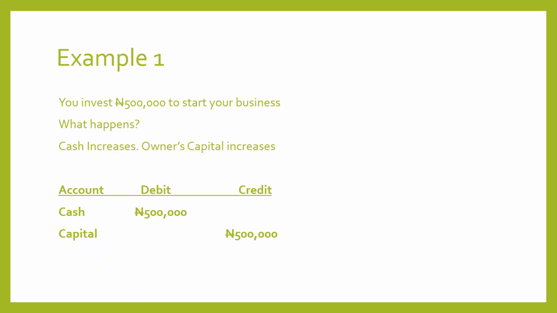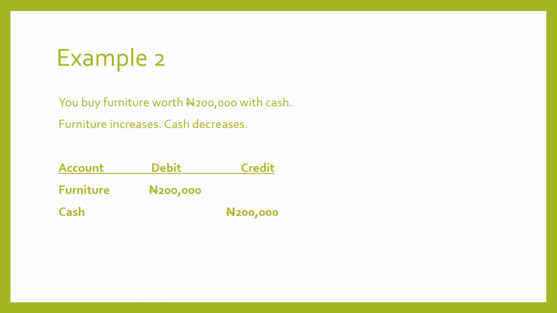Now let's look at another example. You buy furniture worth 200,000 naira with cash. There are two accounts here, the cash account and the furniture account. Now, which account is increasing? Furniture account is increasing with 200,000 naira. So you debit furniture account, which is an asset account, with 200,000 naira, and then cash this time around is what?